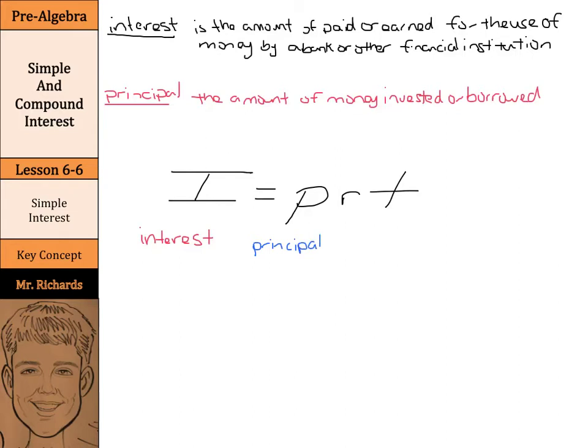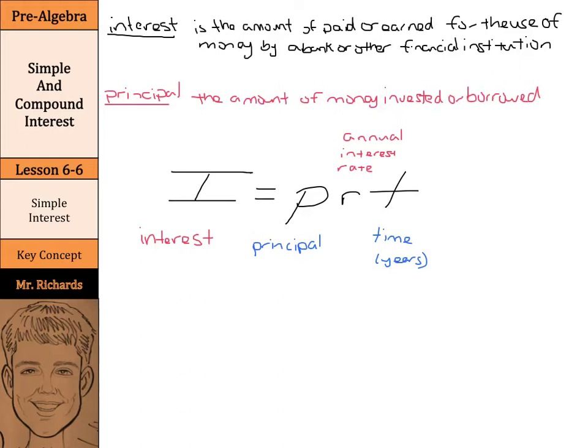R is an annual interest rate. And remember, annual is yearly. And T is your time, typically in years. So we have I equals PRT, and we're going to be using this type of formula on many of the questions you're going to solve today.